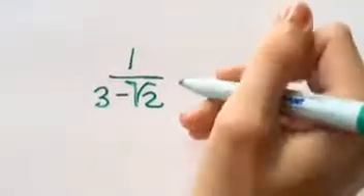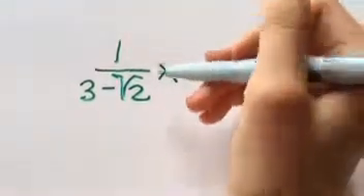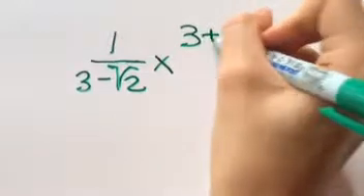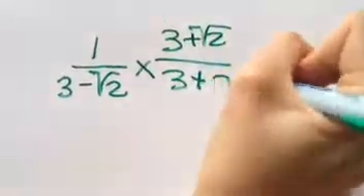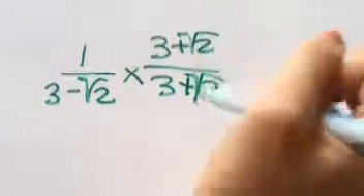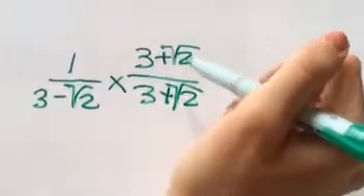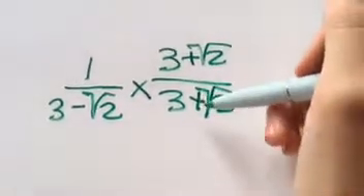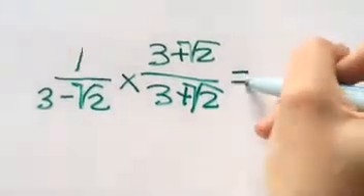So we multiply both top and bottom by the conjugate of the denominator, which is 3 plus the square root of 2. Now, 3 plus the square root of 2 over 3 plus the square root of 2 is 1, because if the same number is in the numerator and denominator, it's 1. So then you just solve.